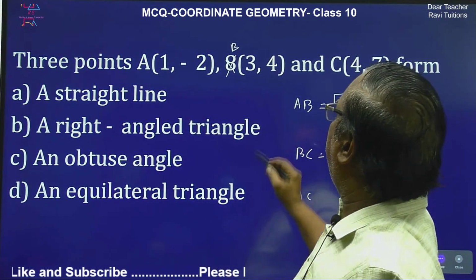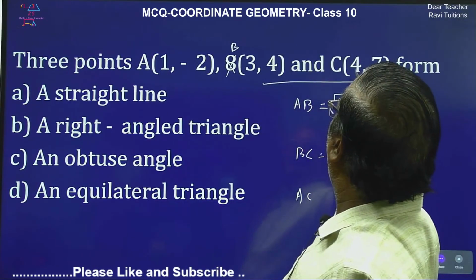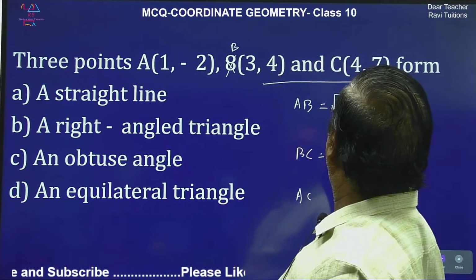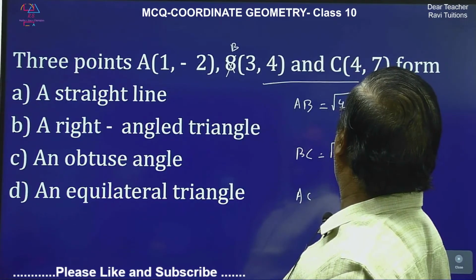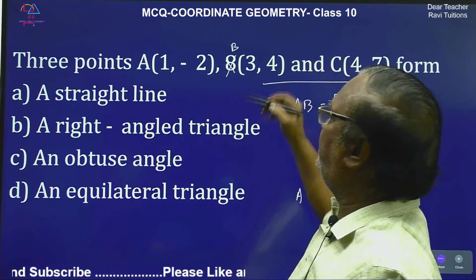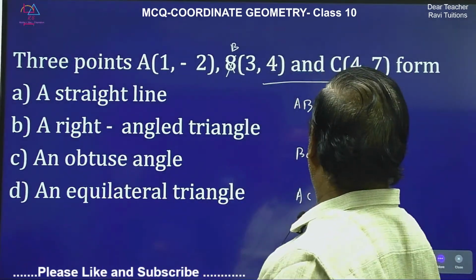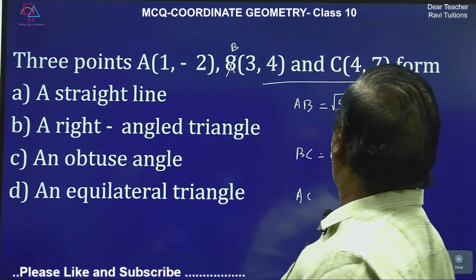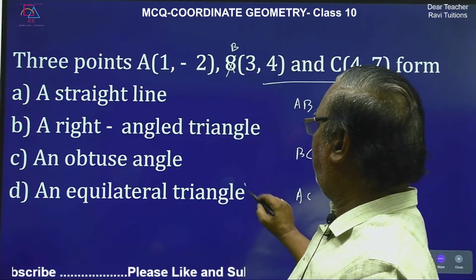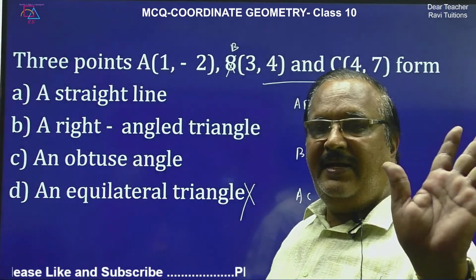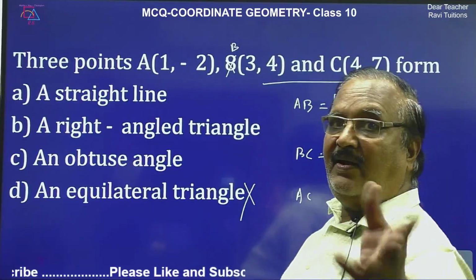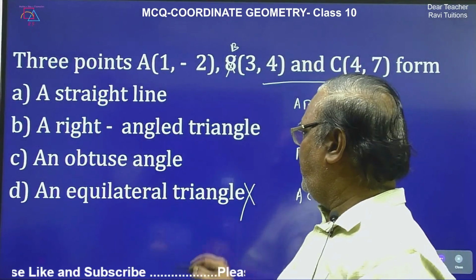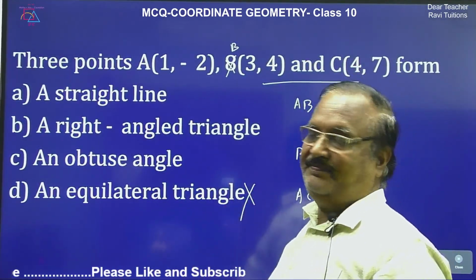Now, BC, this 2. 4 minus 3, minus 1, 1 square is 1. 7 minus 4, 3, 3 square is 9, is equal to root 10. So, then these two are not equal. D is getting eliminated because equilateral triangle, all the 3 sides are equal. So, equilateral triangle is gone.